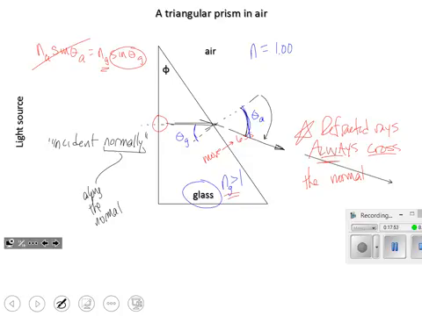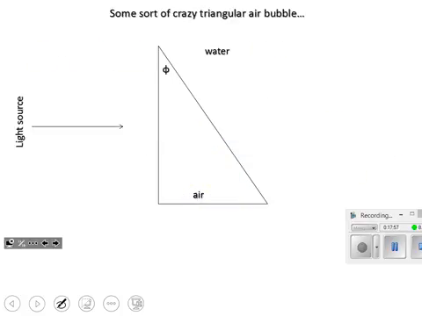Well, let's look at the opposite case, the old triangular bubble of air in some water. A light ray approaches this boundary for the same reason as before. There's no change in direction, but now this is n of 1. This is an n that's bigger than 1.